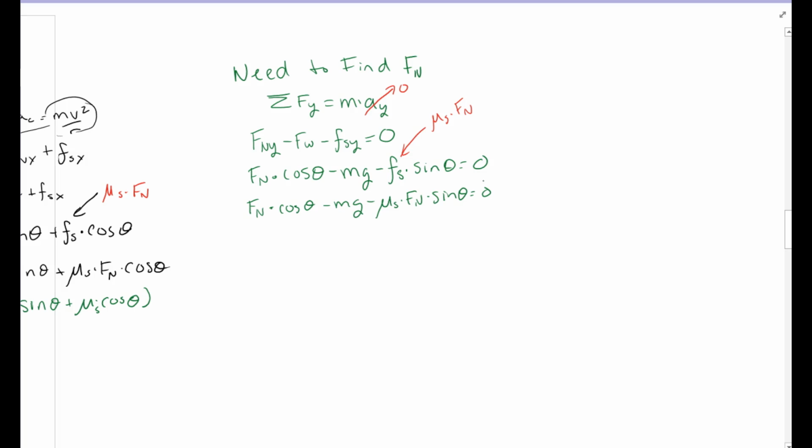Remember, the reason we were doing the forces in the y direction was to get that normal force by itself. So I'm going to add my mg to the other side. I have Fn times cosine of theta minus mu s times Fn sine theta is equal to mg. So factor out that normal force.